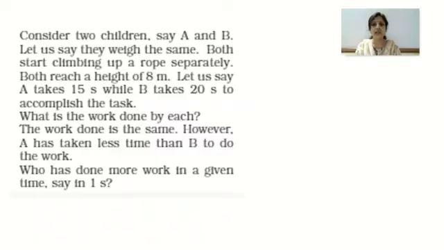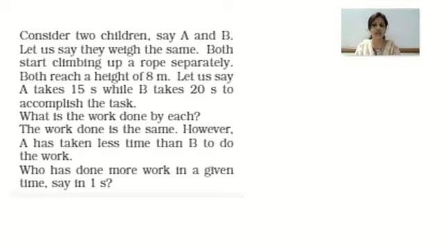Before I reveal the name of the topic, I want all of you to pay attention to the example which I am explaining. We'll consider two children. Let A and B be the names of the two children. Let's imagine that both of them have the same weight. Both start climbing up a rope separately.